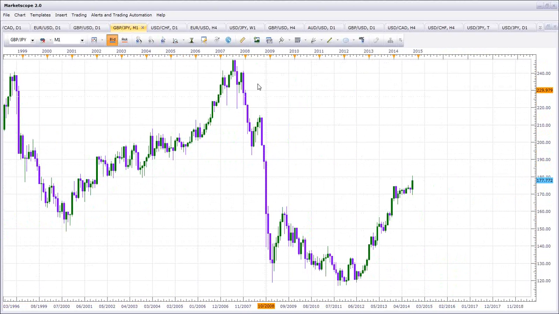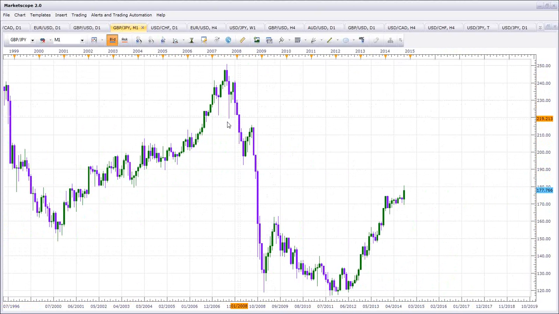Right now some analysts are debating that we could actually see a rebound to the high of 2007, because as you can see, pound yen is on a general uptrend, and if we follow the general rule of market cycles, we could be optimistic that we could see more upwards for the pound in the long term. I'm sorry, we're getting a little bit off topic. So this is a glimpse of a monthly chart.